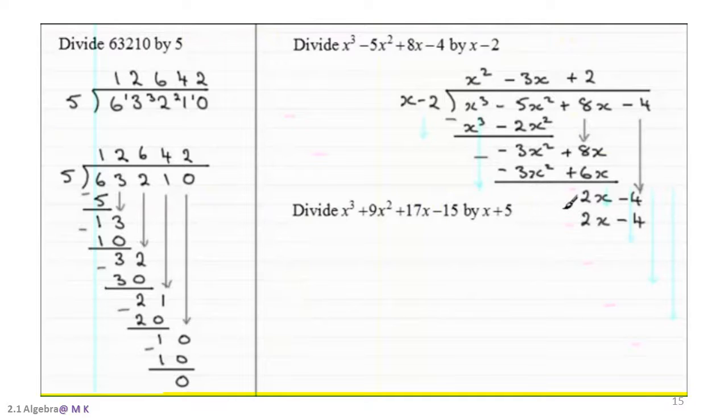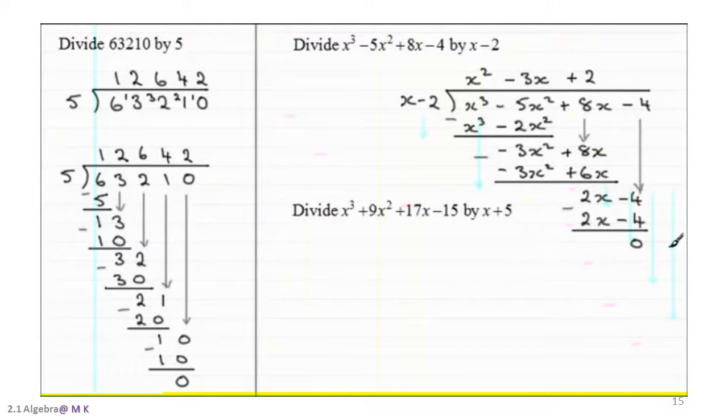And if we subtract these, we see they're exactly the same. That gives us 0, no remainder. It also tells us that x minus 2 is what we call a factor of x cubed minus 5x squared plus 8x minus 4, because it goes in exactly. It leaves us with no remainder.